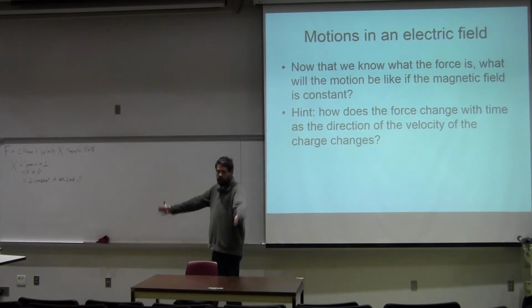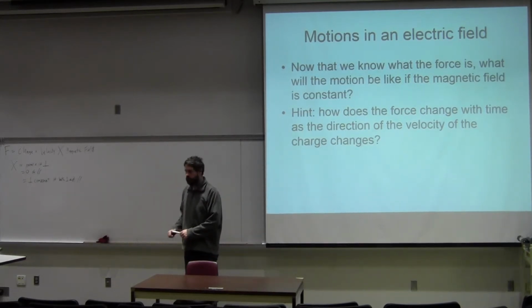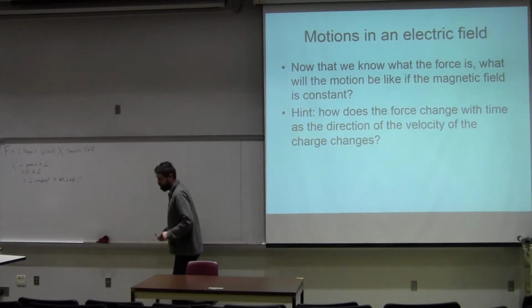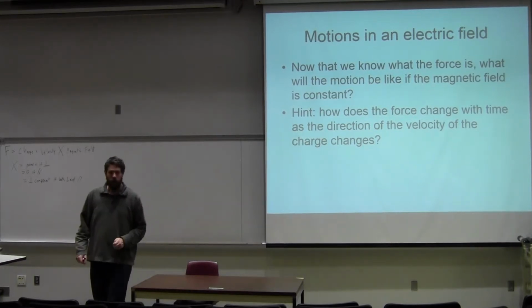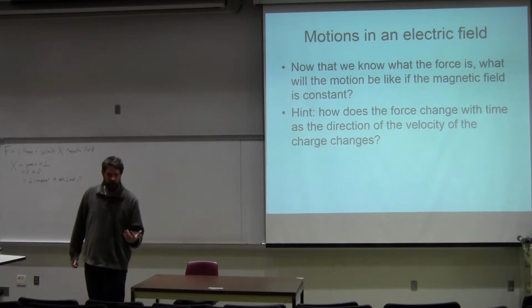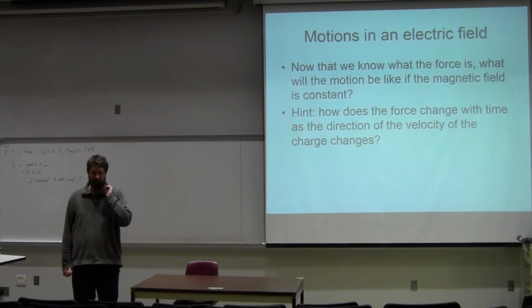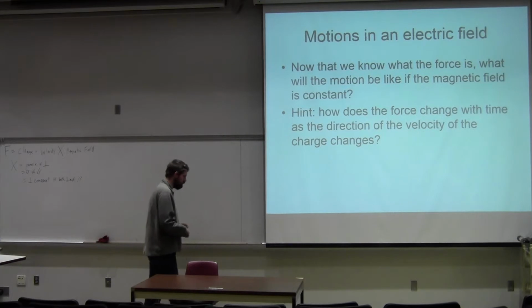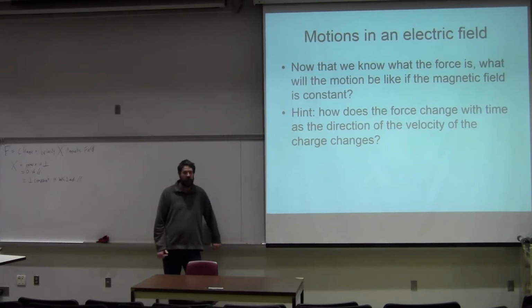Now, what is my motion like? Do I make an immediate right turn and do this, or do I do something else? Think about that for a moment, and remember Newton's first law. Newton's first law is an object in motion stays in motion until acted upon by an outside force, and this applies to every dimension.